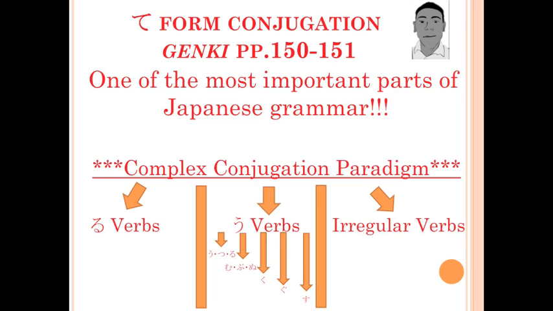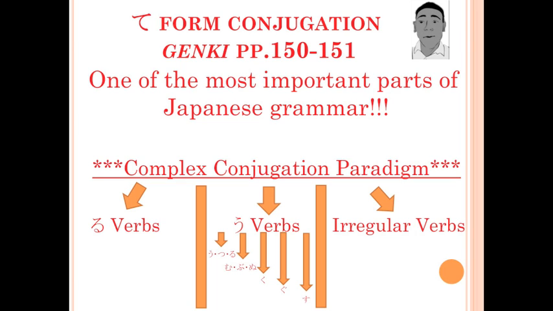This, however, is easier said than done. The te form has a remarkably complex conjugation paradigm. In order to master the te form, you will have to memorize several different sets of te form conjugation rules. Ru verbs and u verbs conjugate in the te form according to a different set of rules.